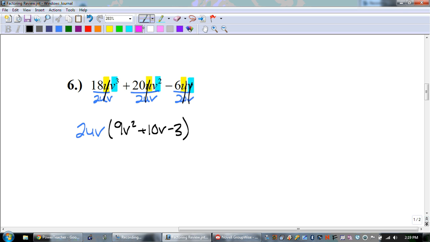Since I already took out the GCF, the next thing to do is to multiply, and we get negative 27. So if you want to write down the factors of 27, 1 and 27, 3 and 9, in that combination, is there a set that multiply to negative 27 and add to get to 10?